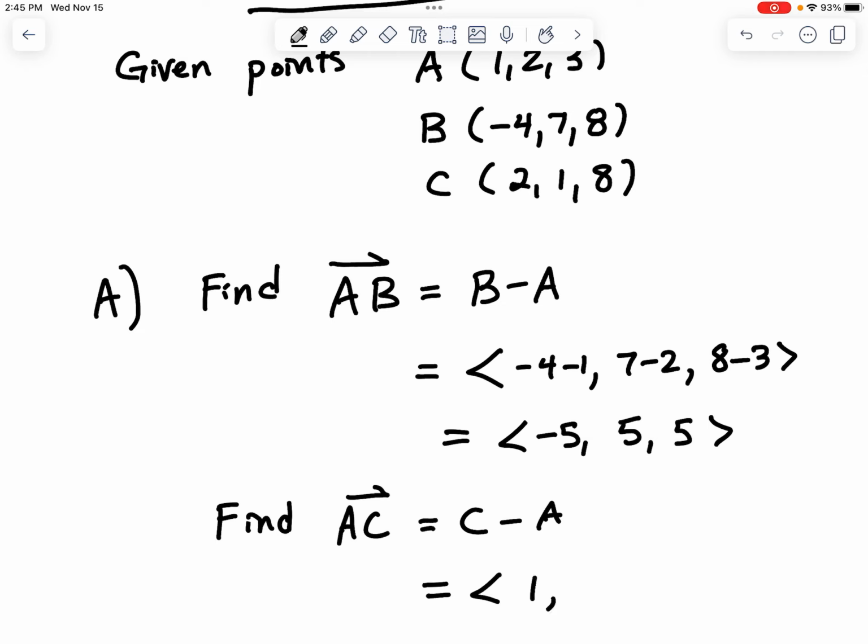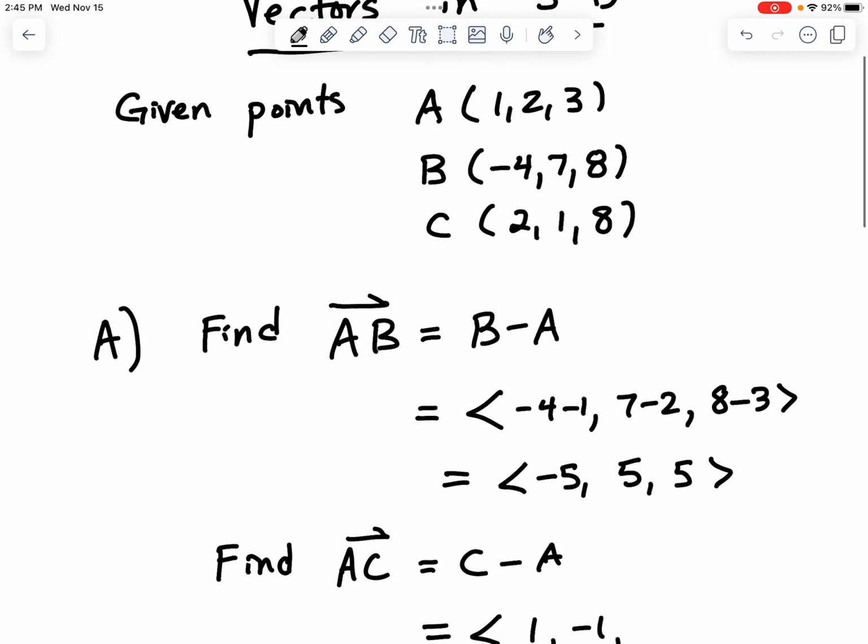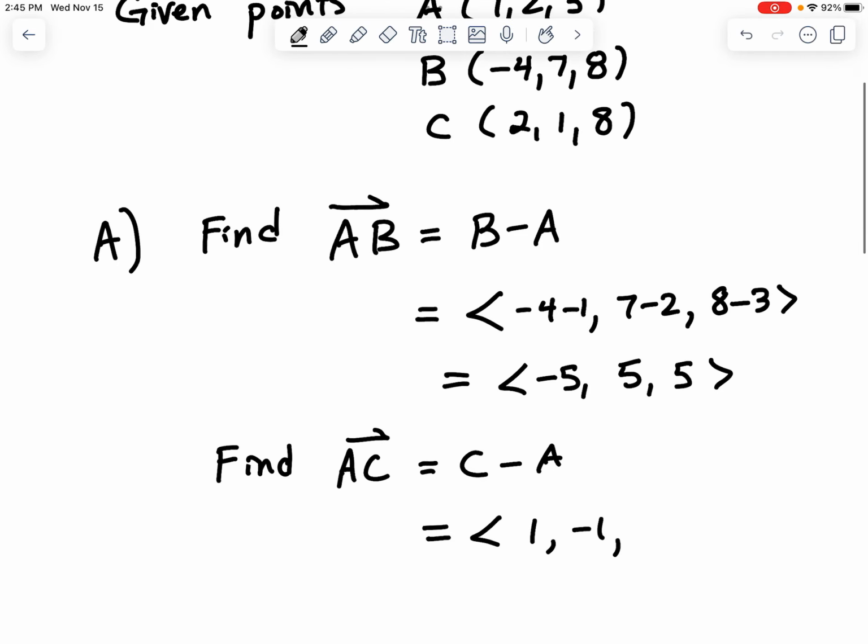And next will be 1 minus 2 for the y component. 1 minus 2 is a -1. And then an 8 minus 3. Oh, sorry, it was covered up. 8 minus 3 is a 5. All right. So we've got our two vectors, AB and AC.